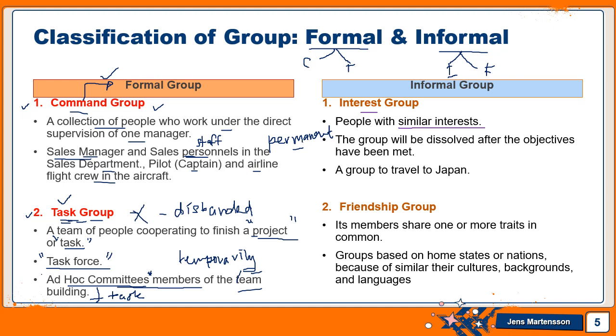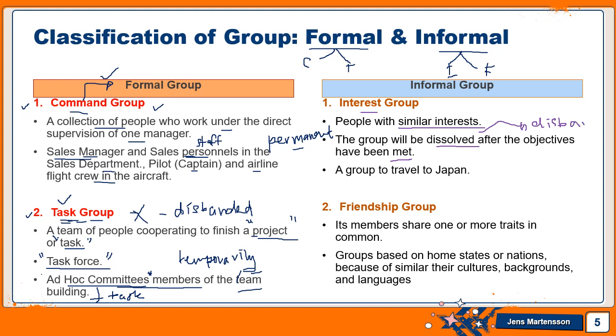Okay, that is called an interest group. People who have the same interest, they form a group. So they are called interest group. So the group will be dissolved after the objectives have been met. Dissolve here means disbanded, dibubarkan.